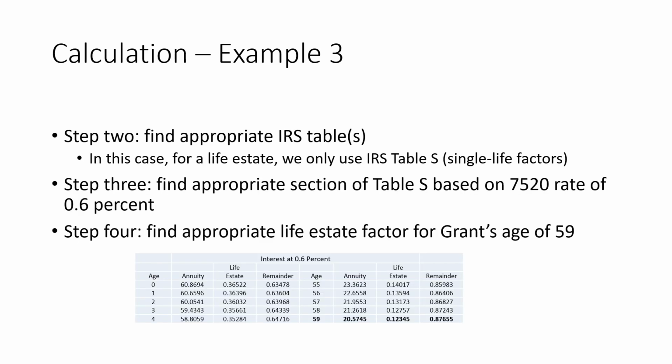It changes up, but really what we do is we take the present value of Grant's retained interest, which is 0.12345 multiplied by $1 million, and then we subtract that from 1 million to determine the present value of the remainder that ultimately goes to Roger. But since that's such a rare case that you'd have this apply, we're not necessarily going to dive into that result in this calculation.